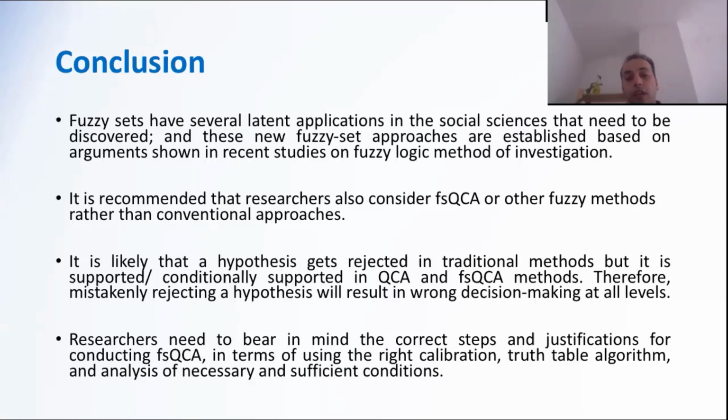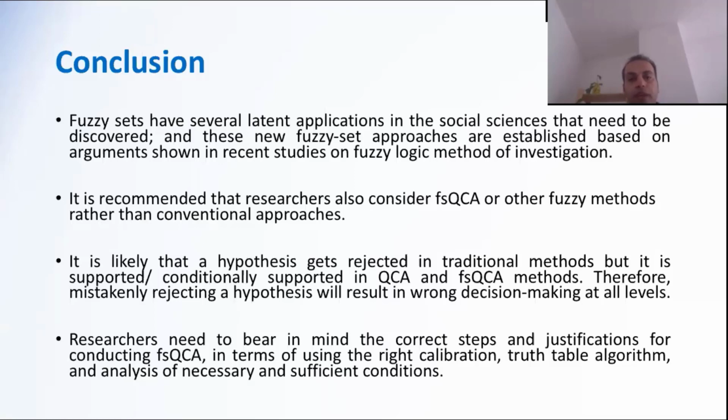So mistakenly rejecting a hypothesis will result in wrong decision making at all levels, and it would be catastrophic. PhD students need to make the best choices in what methods they use based on the discipline that they are investigating. Researchers need to bear in mind the correct steps and justifications for conducting fsQCA, as I mentioned, to follow the theory in order to use the right calibration.